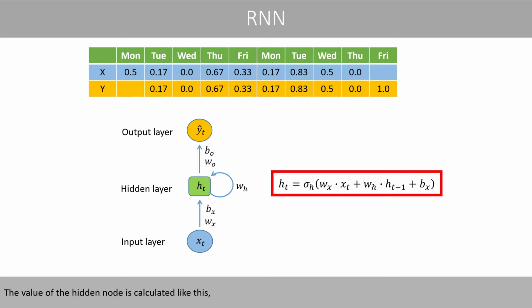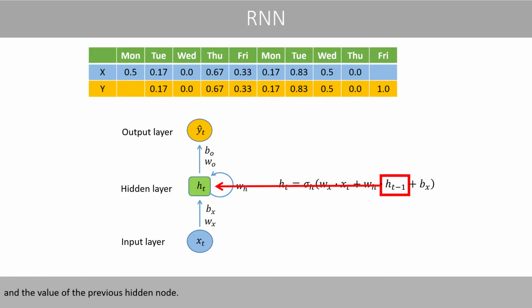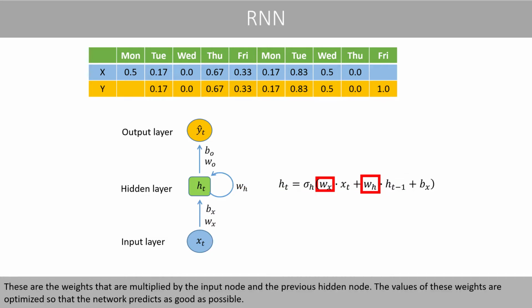The value of the hidden node is calculated like this, which is based on the value of the input node and the value of the previous hidden node. These are the weights that are multiplied by the input node and the previous hidden node. The values of these weights are optimized so that the network predicts as good as possible.